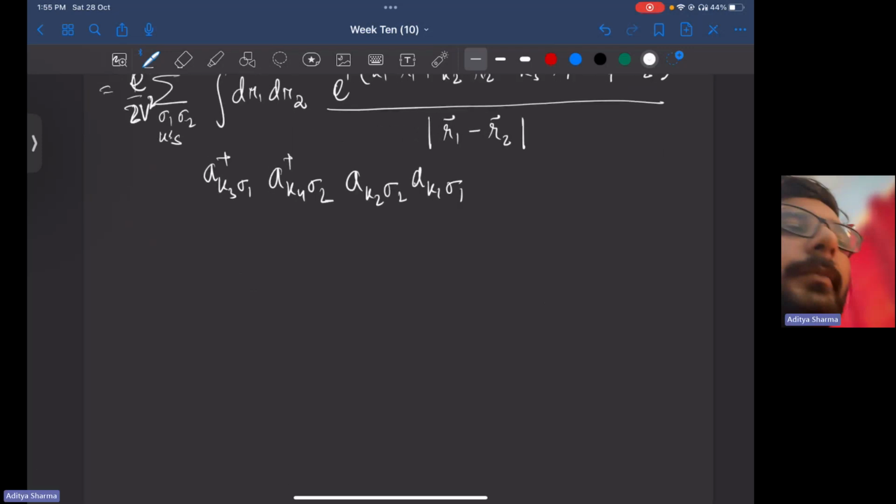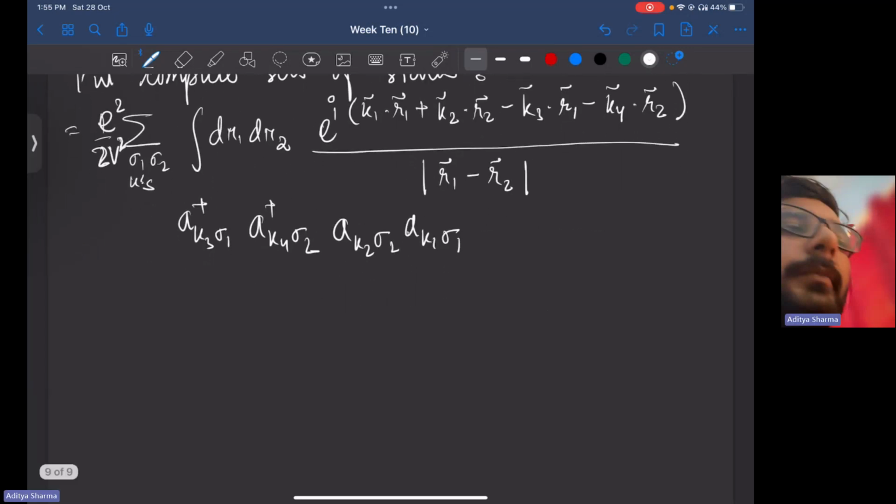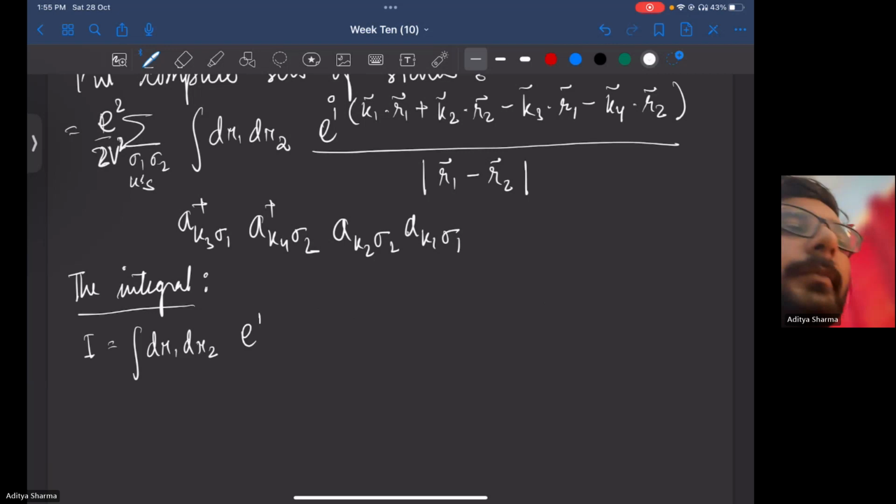Now you look at the integral, and this integral can be written as, so I put terms with R1 together, which is K1 minus K2, K1 plus K2 minus K3 minus K4.